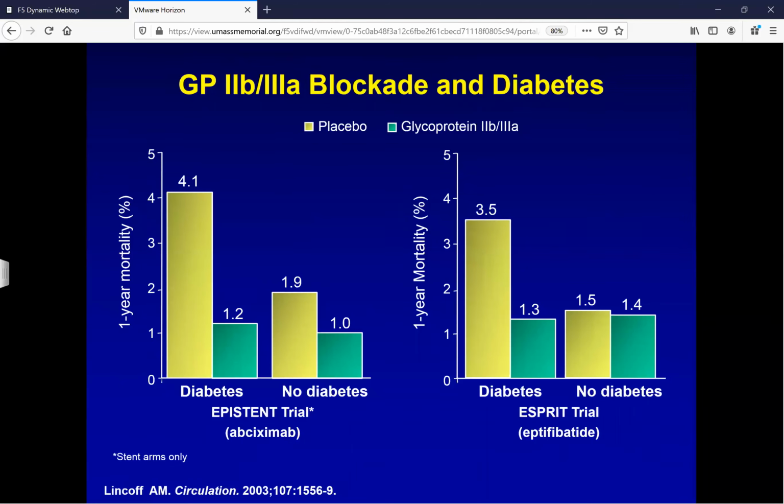Then came this group of inhibitors, GP2B3A. Around the same time, the P2Y12 inhibitor came into being as well. In 1998, Clopidogrel came. And then actually before that was ticlopidine, which was taken off the market. But Clopidogrel came around the same time, which were more potent platelet inhibitors.